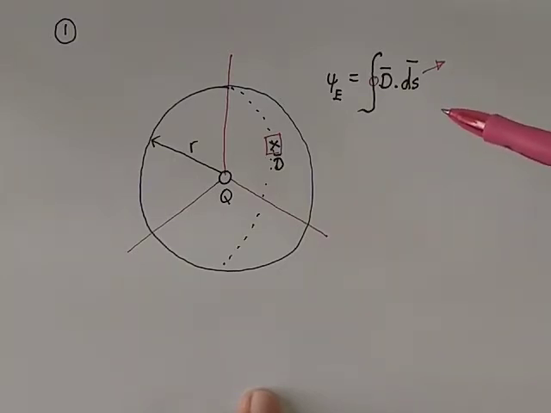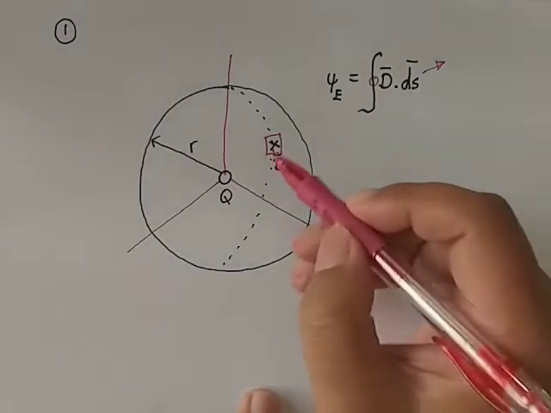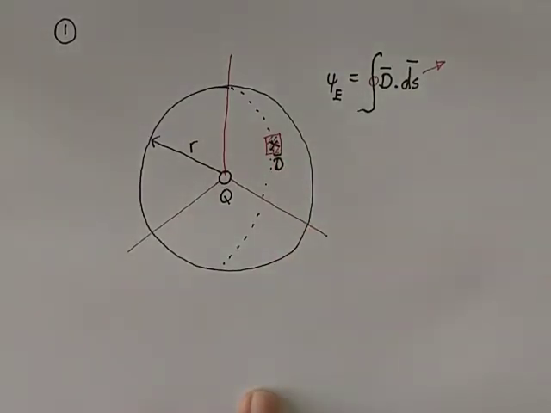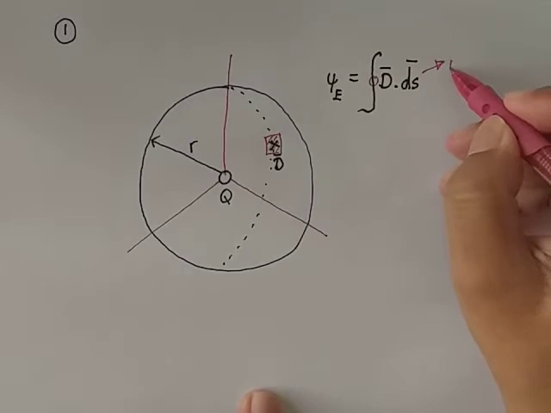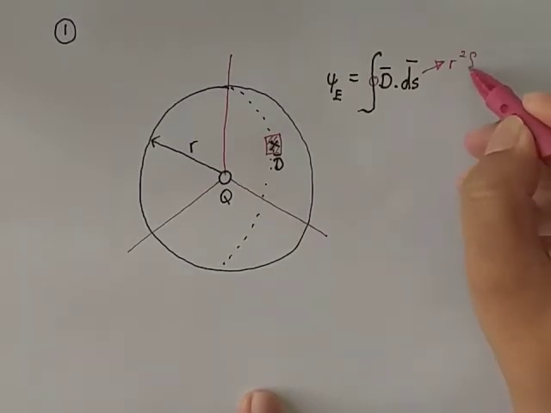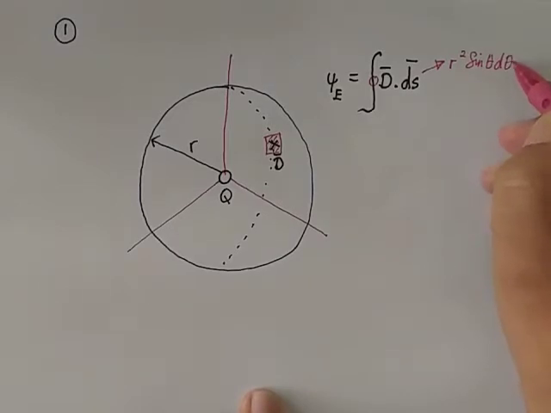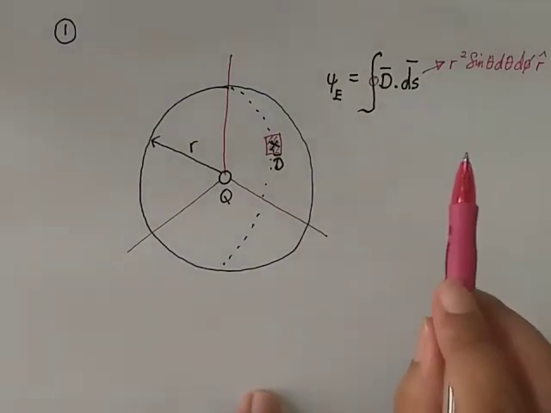Surface number 1, 2, and number 3. So which one should be the one we use to represent our dS in this particular situation? Good. Yes, this should be r squared sine theta d theta d phi in the r direction. That should be the one that we select for this particular substitution.